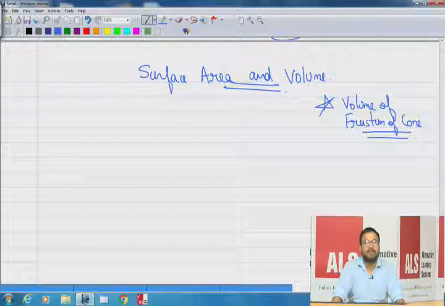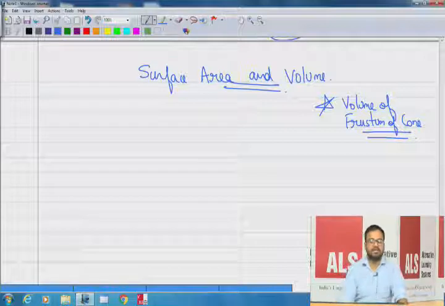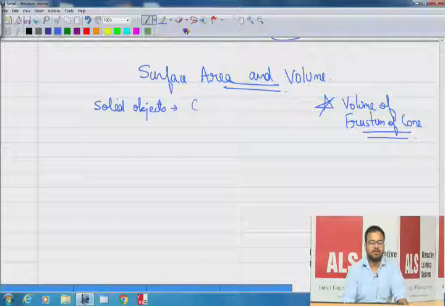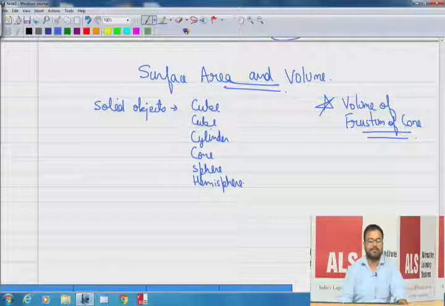And second thing, in the 9th class you have just studied about single solid objects, like the solid objects which you have studied were cube, cuboid, cylinder, cone, sphere, and hemisphere.